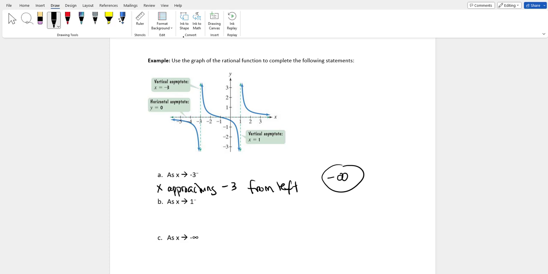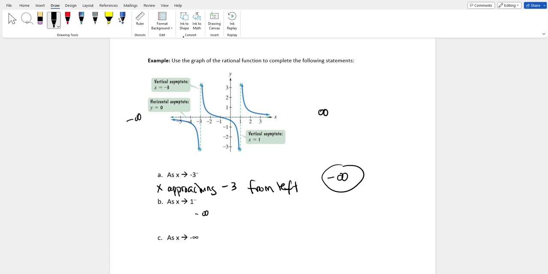This next one we have x approaching 1 from the left. So if we look at our graph, as we approach 1, this graph goes down, down, down. So this is approaching negative infinity. The next one says x approaching negative infinity. So negative infinity is out here and positive infinity is out here. So if we come in from the right as we're approaching negative infinity, we hit this graph here.